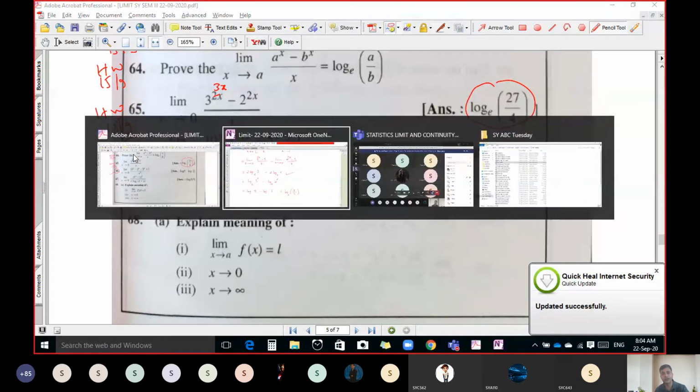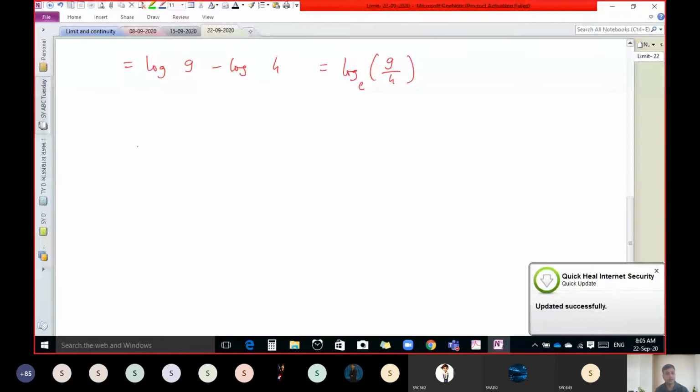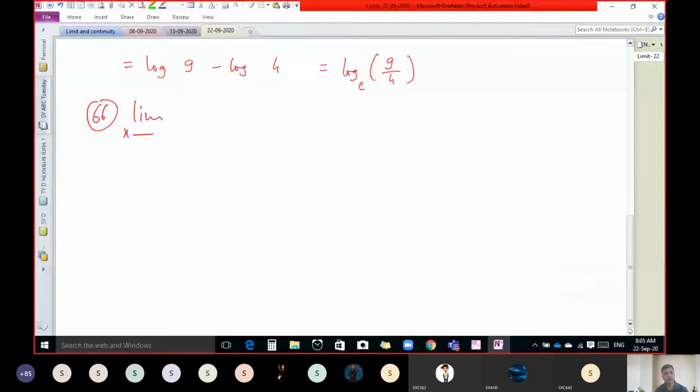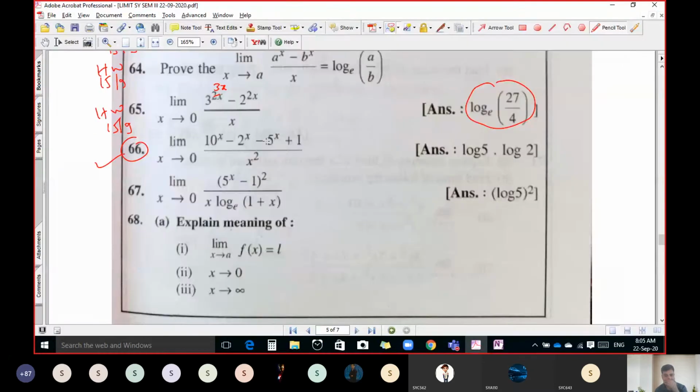Limit x tends to 0, 10 raised to x minus 2 raised to x minus 5 raised to x plus 1 upon x square. So this is the question.